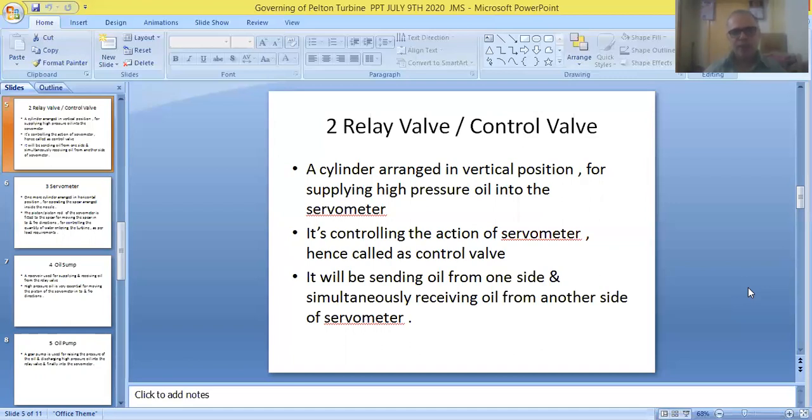And if it is sending oil from the right hand side of the servometer, it will be receiving oil from the left hand side of the servometer. So the first operation is used for moving the servometer piston in forward direction, and the second operation is used for moving the servometer piston in reverse direction.